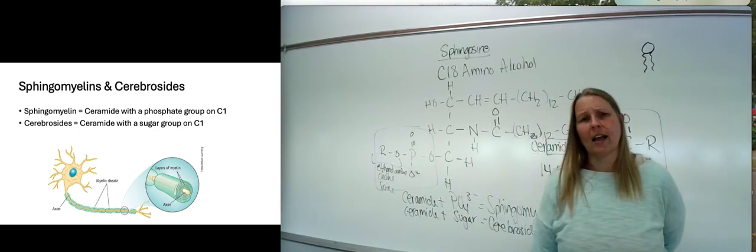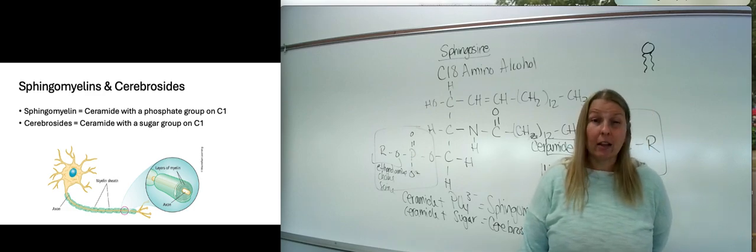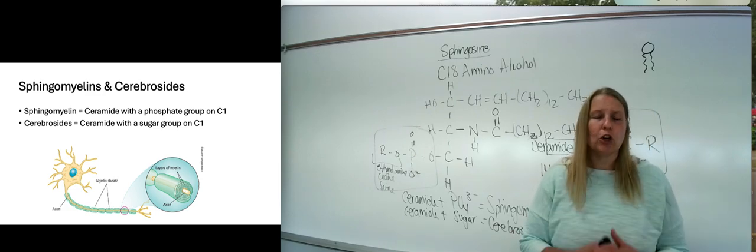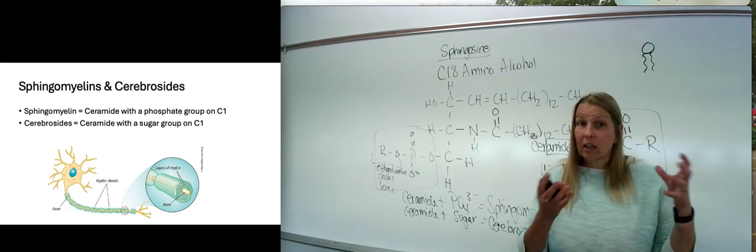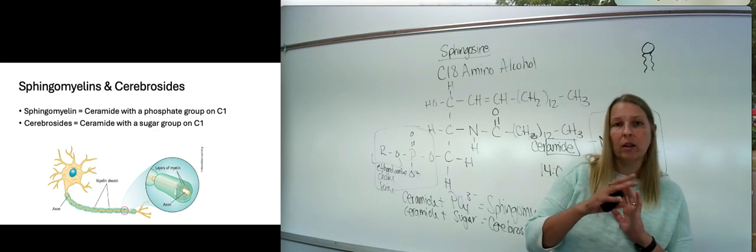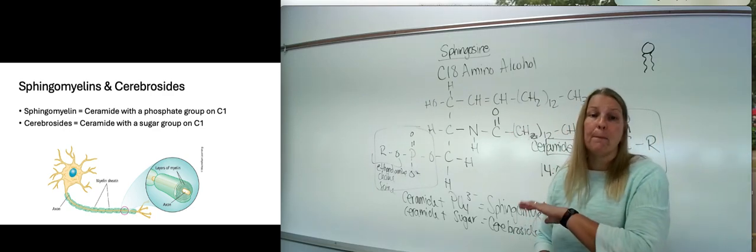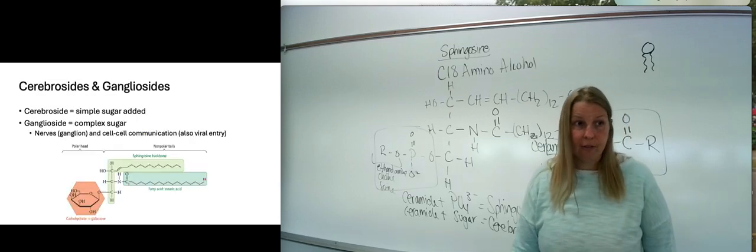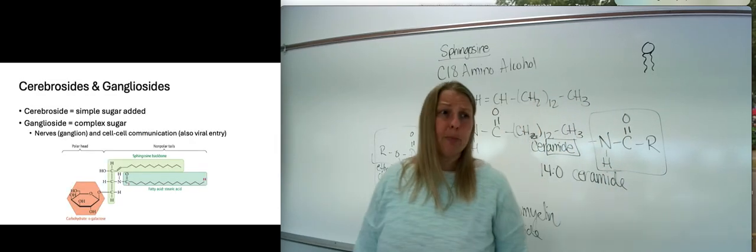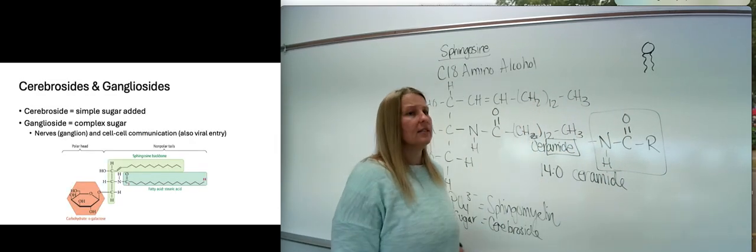And a ganglioside is actually neat because we talk about ganglions or bundles of nerves. That is, again, communication between those. And so lots of different types of sugars enable you to differentiate between a bunch of different types of signals that you have.